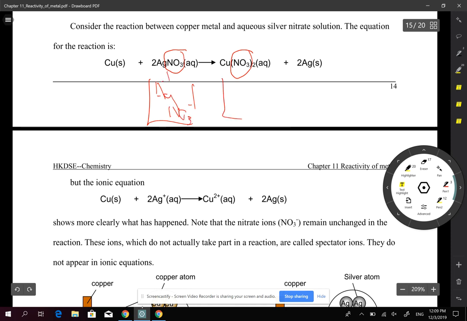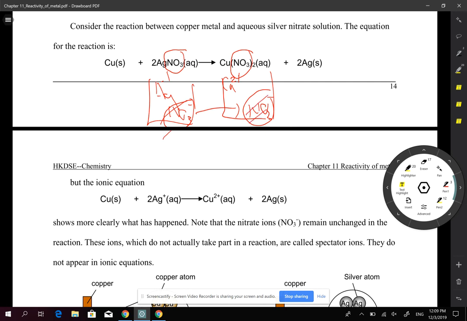In the final solution, it separates from the copper 2 plus ion as nitrate ion. From the start to the end, no change, no reactions, and they are separate. So we remove it from the equations.